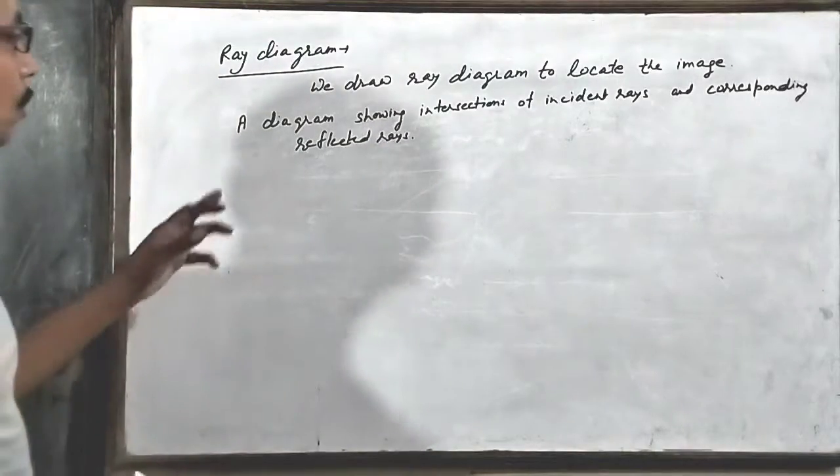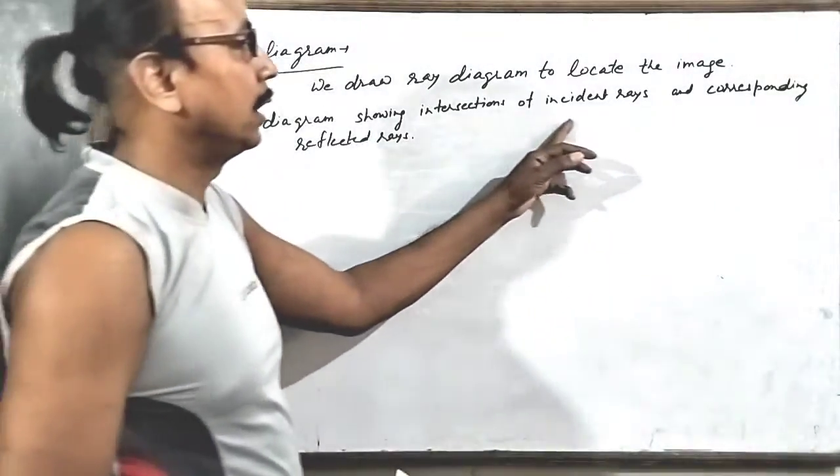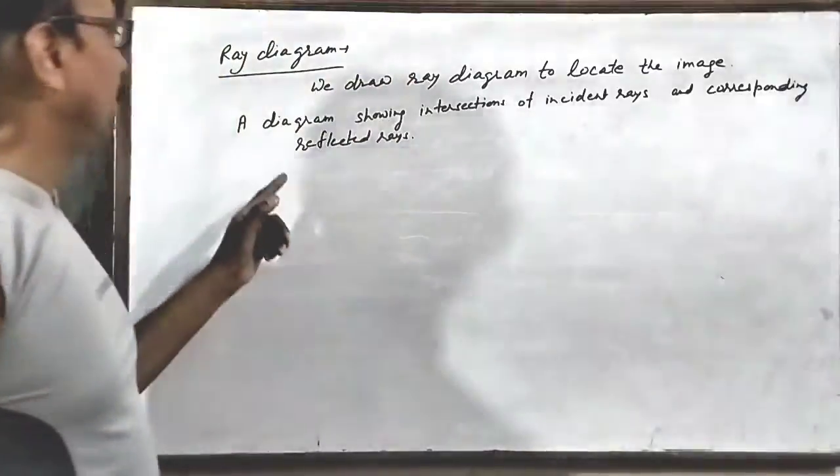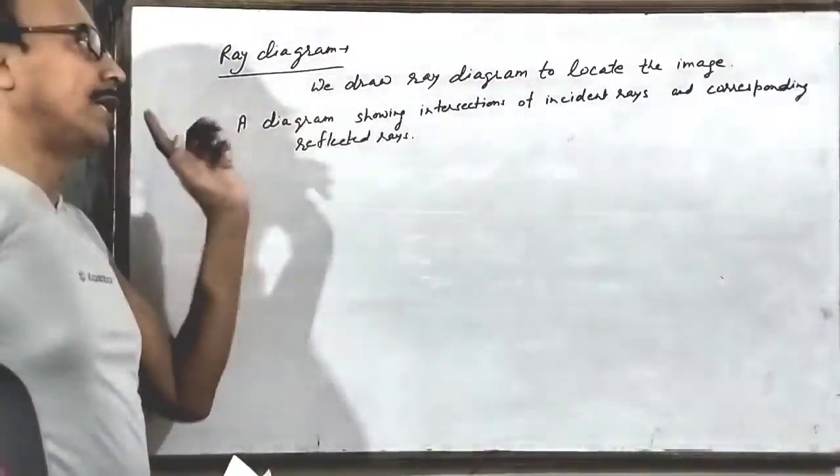In other words, we know that the intersection of incident rays is called the object and the intersection of corresponding reflected rays is the image of that object.